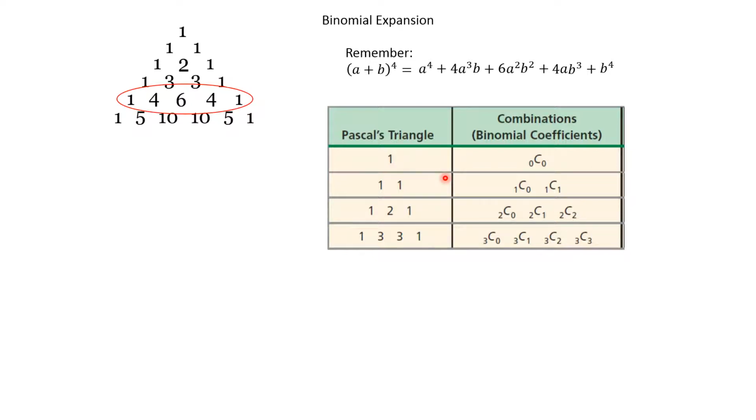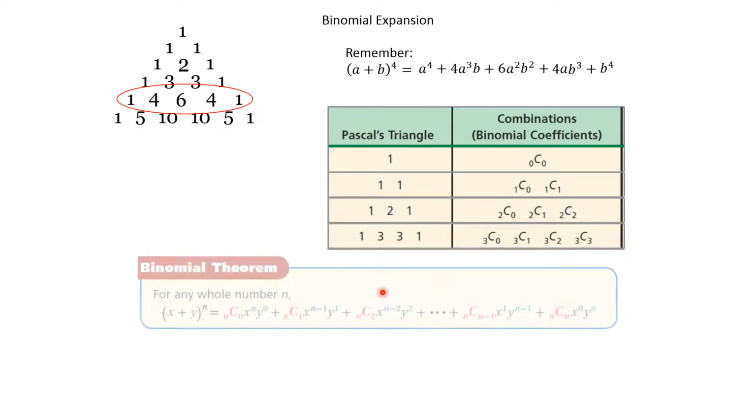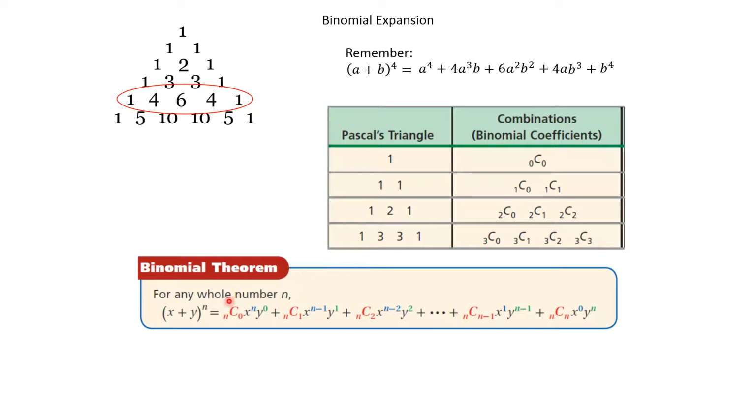And so if we take this and we want to generalize it back to the binomial expansion using our coefficients, we get what's called the binomial theorem. The binomial theorem says for any whole number n, if we have something plus something to the nth power, notice our x's, that first thing: n, n minus 1, n minus 2, and so on, down to the 1, and then to the nothing.